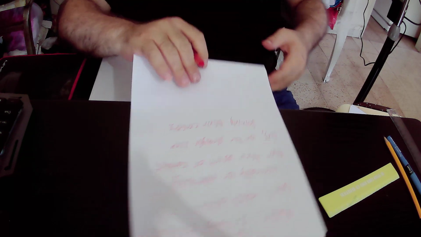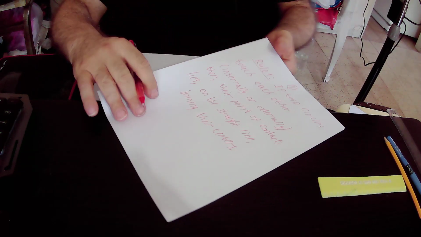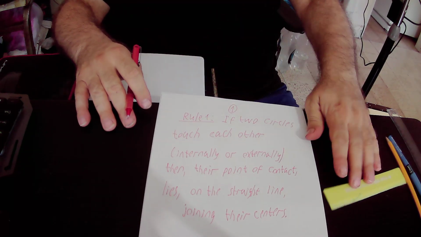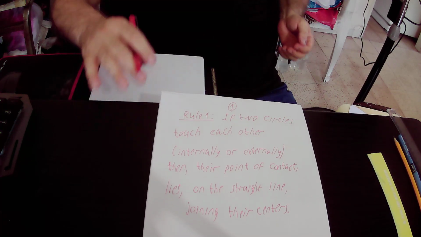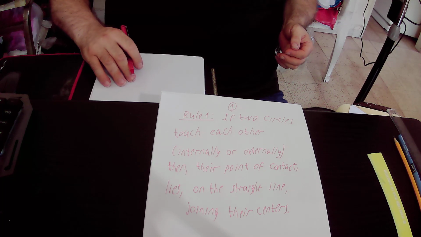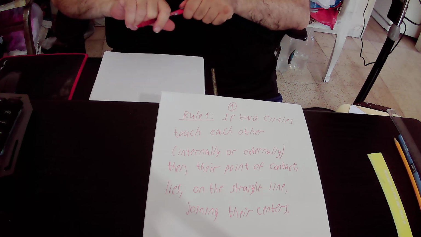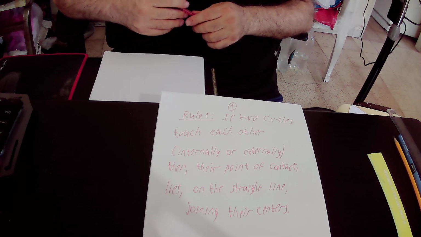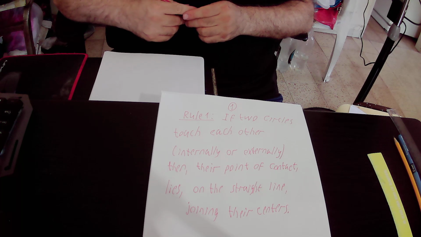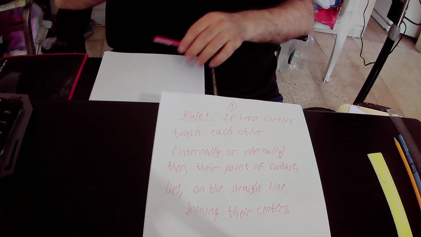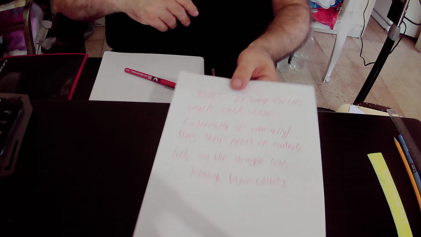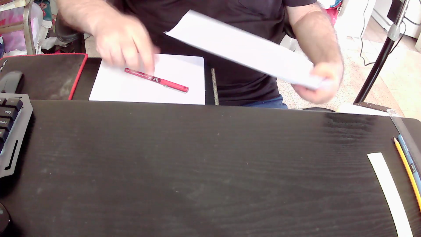So I will read again rule number one. Rule number one states that if two circles touch each other either internally or externally, then their point of contact lies on the straight line joining their centers. So now I will explain the rule in detail.